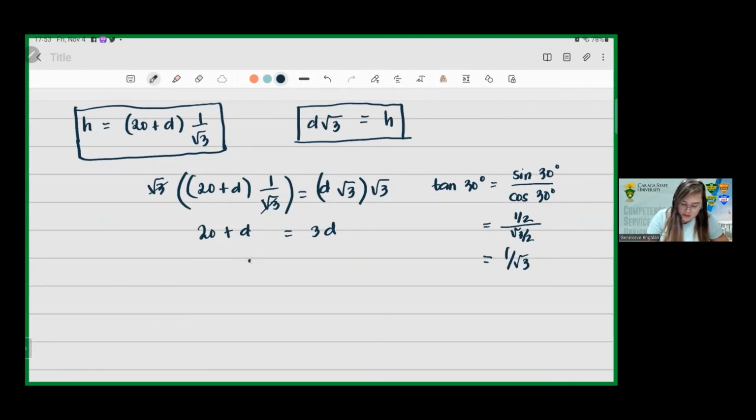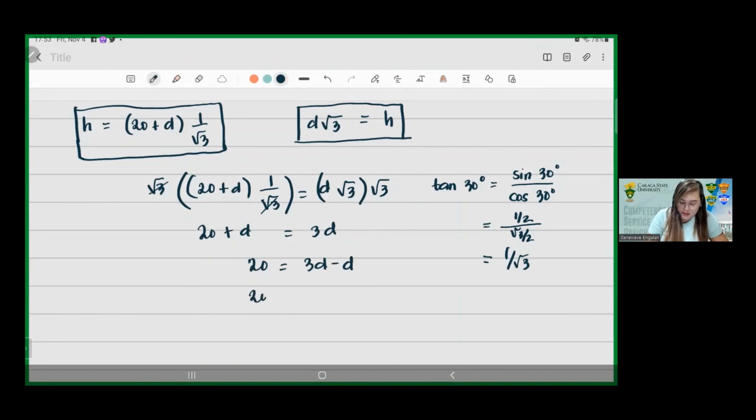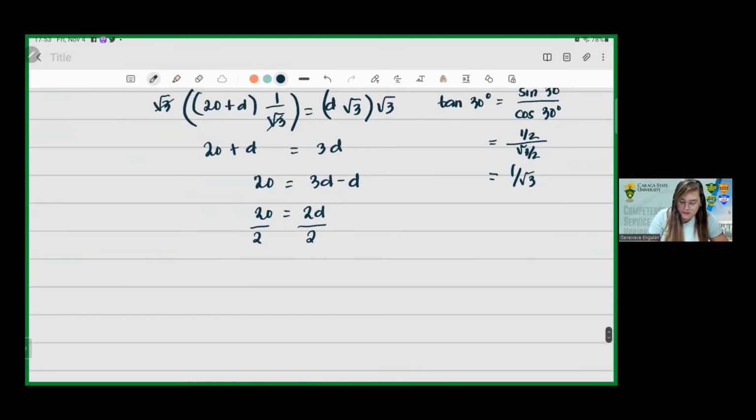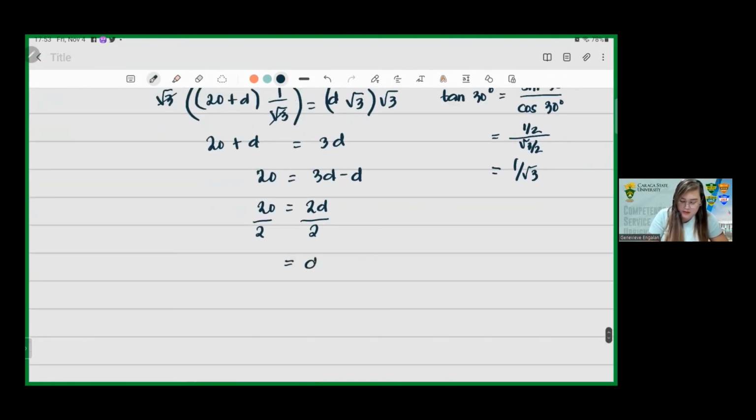So, you have 20 is equal to 3d minus d. So, you have 20 is equal to 2d. So, divided by 2. So, our d will be 10. Okay.